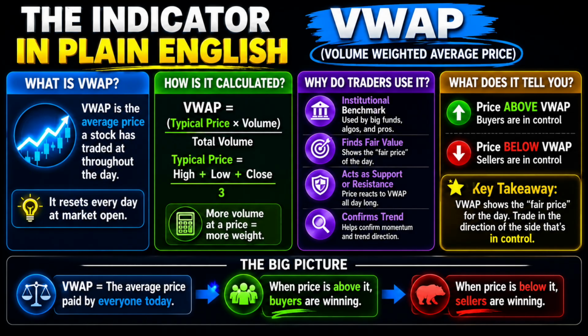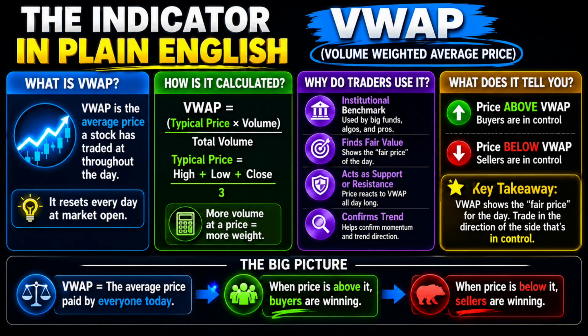Traders use VWAP for 4 main reasons. First, it acts like an institutional benchmark. Big funds and professional traders compare their entries to VWAP because they want to know if they got a good price compared to the average participant. Second, VWAP works like a trend filter. Holding above VWAP can suggest bullish strength.